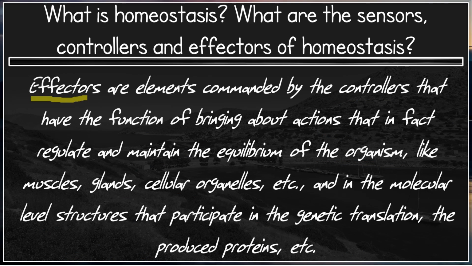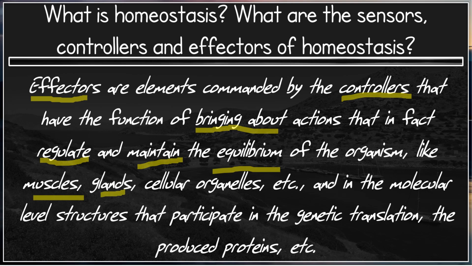Effectors are elements commanded by the controllers that have the function of bringing about the action that in fact regulates or maintains the equilibrium of the organism, like the muscles, glands, cellular organelles, and many others. On the molecular level, they are structures that participate in the genetic translation that produces proteins.